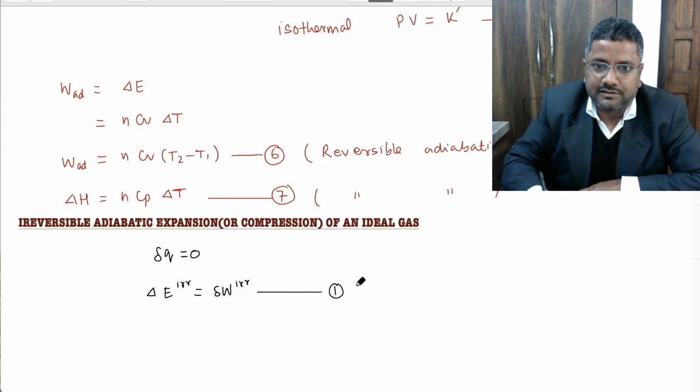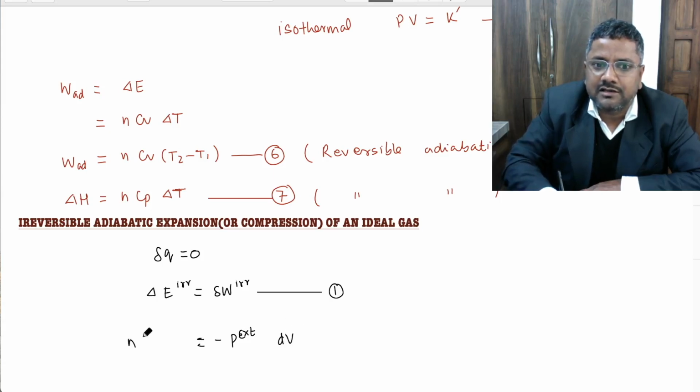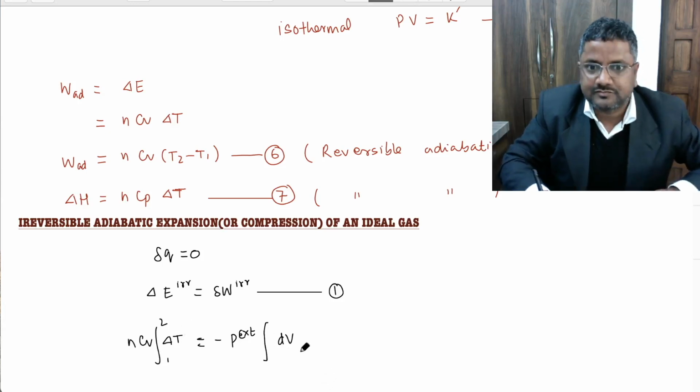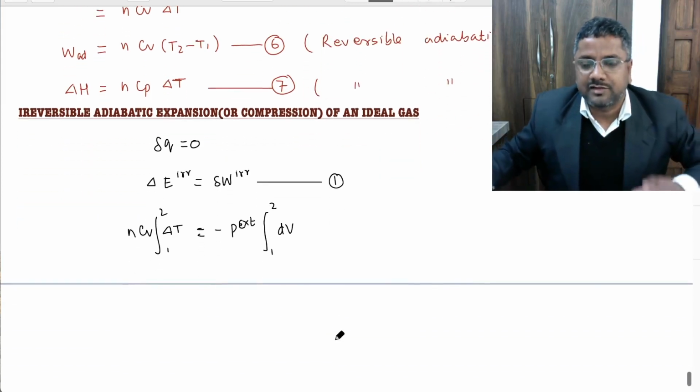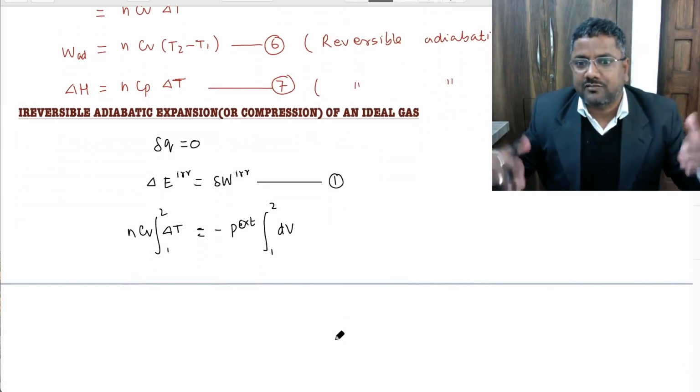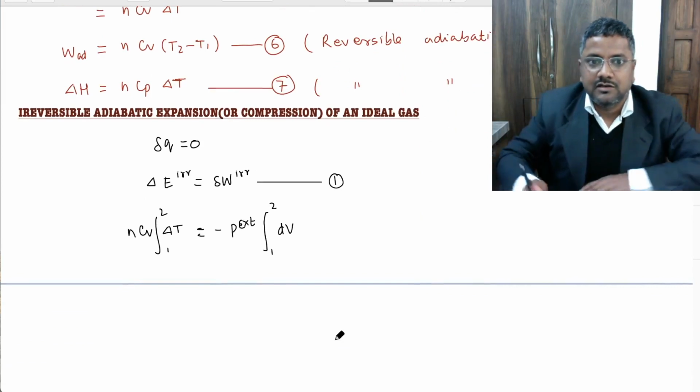In the irreversible process, the expansion is always against constant external pressure. So P external dV, and here n Cv delta T, your equation will integrate here because external pressure is constant. So in this way you can calculate the final temperature, because in both cases the final temperature and final pressure will not be the same, right?